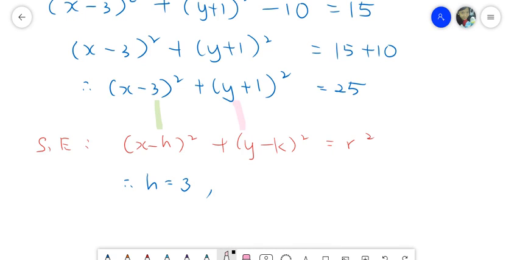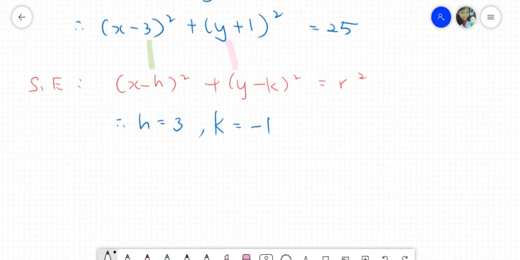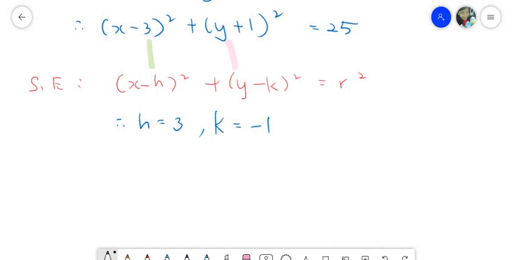But here you can see this is positive, this is minus. See that? This is plus, this is minus. So how? So means k is actually equal to negative 1. Yes, k equal to negative 1. So how about this? You see, r squared equal to 25. Realize or not? So from here you can make a statement first.